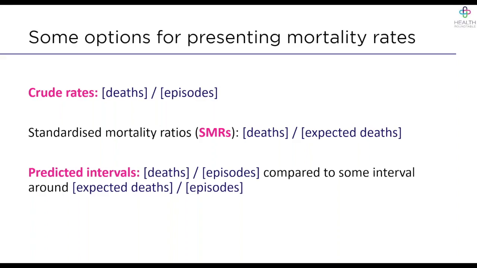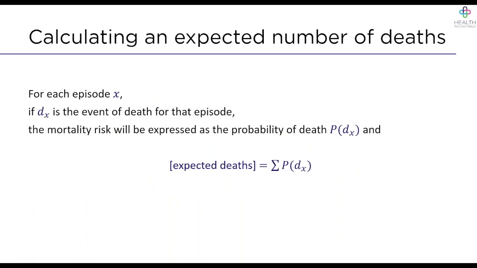The main thing to note is that both standardised mortality ratios and predicted intervals require some way of calculating an expected number of deaths. So how do we calculate an expected number of deaths? Well, it's essentially a sum of the probabilities of death of all the episodes in a cohort of patients.